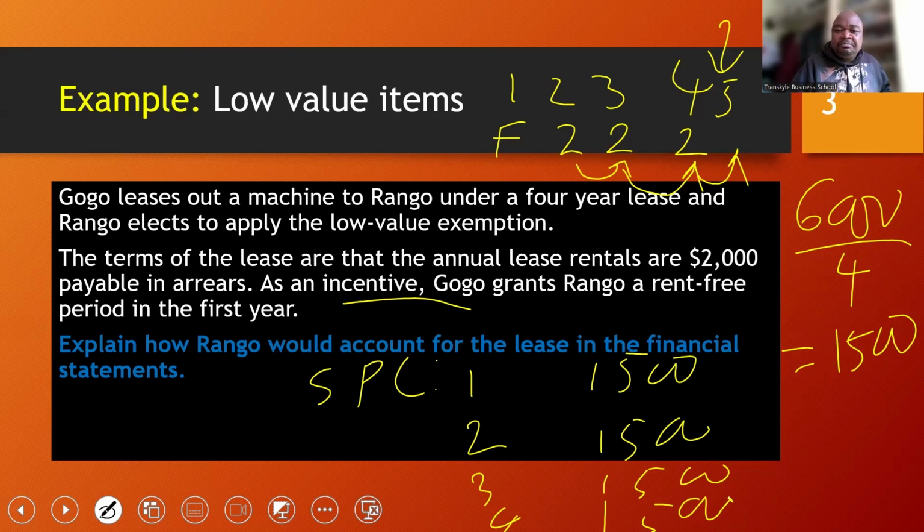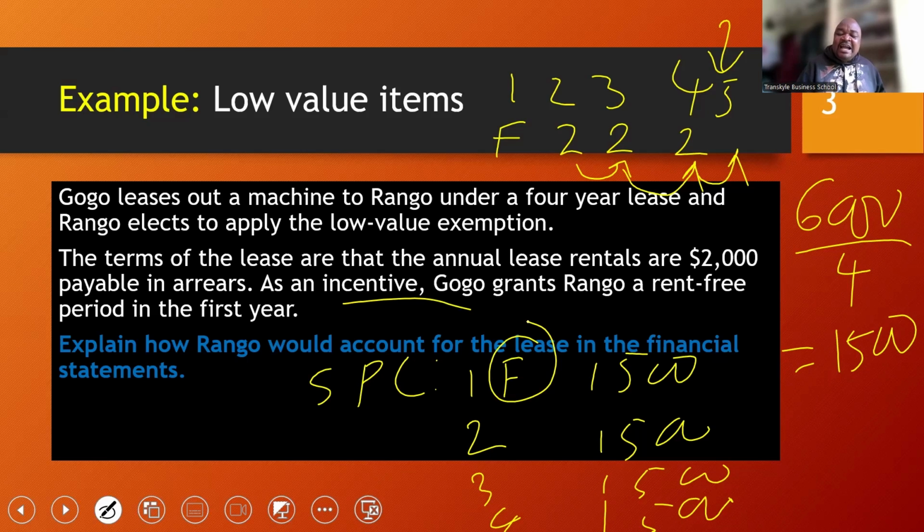So, in the SFP now, this expense, yes, it's an expense, but was not paid for. All right. This year is a free year. This is a year for free lunch. So this 1.5 has to be paid by the other years where there will be cash outflows.